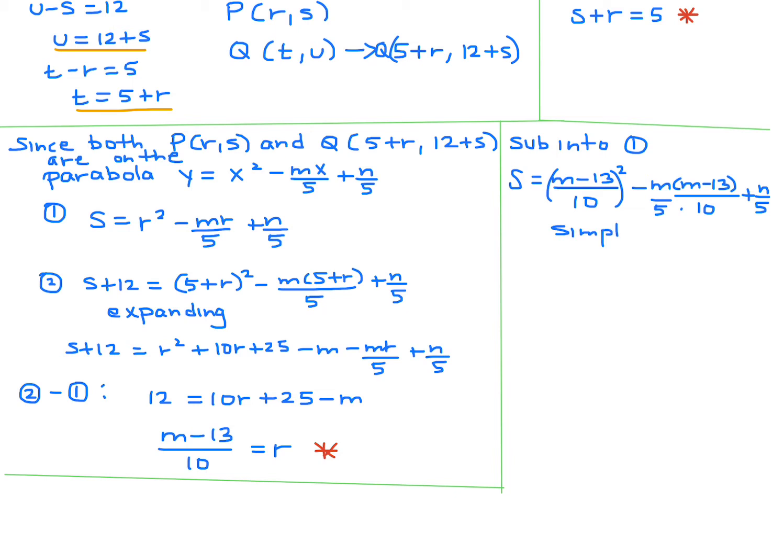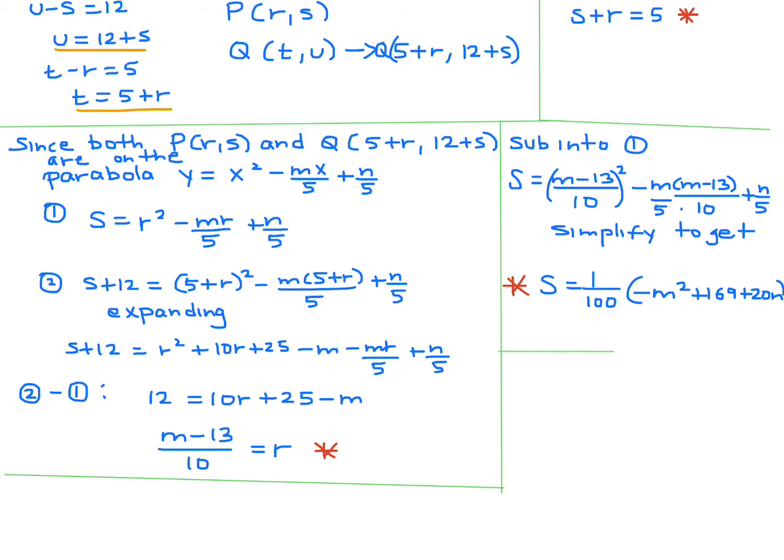Once you simplify this big, long thing, you get the following. You get S is equal to 1 over 100 times (minus M squared plus 169 plus 20N). This is another very helpful equation.